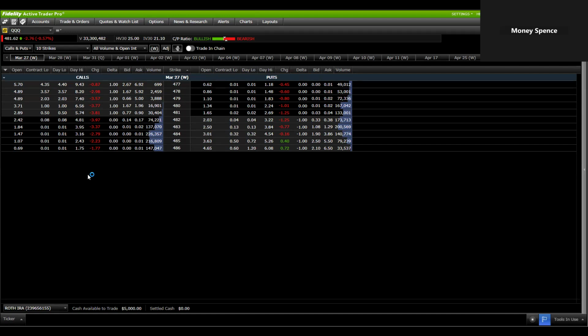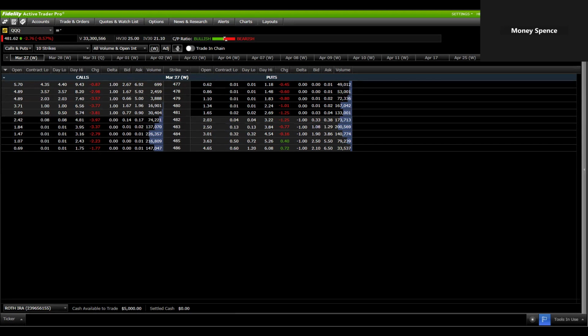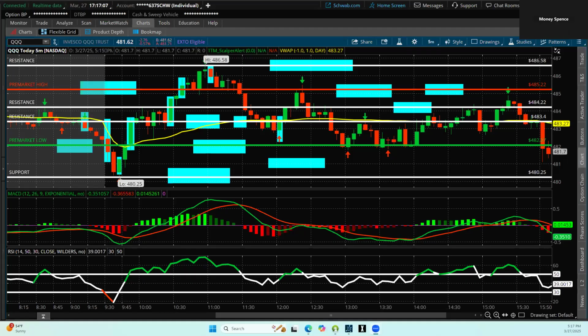The options that had the highest volume today were the $484 strikes and the $483 puts. If we go back to our chart, you can clearly see we had those support and resistance levels developed around the $484 calls and the $483 puts.